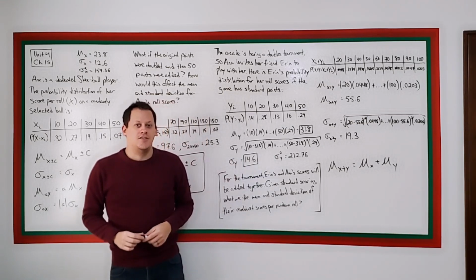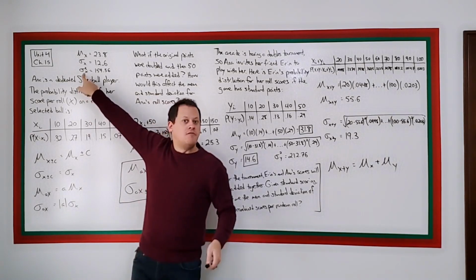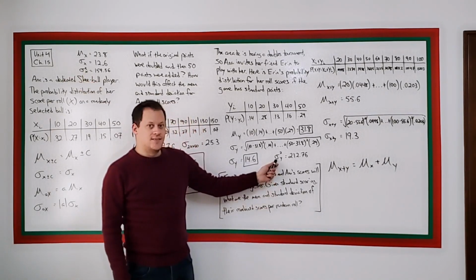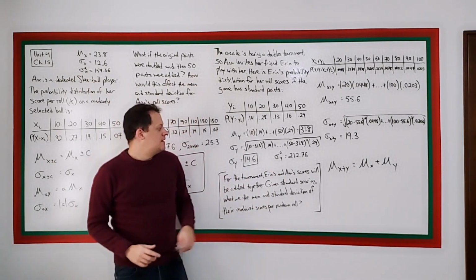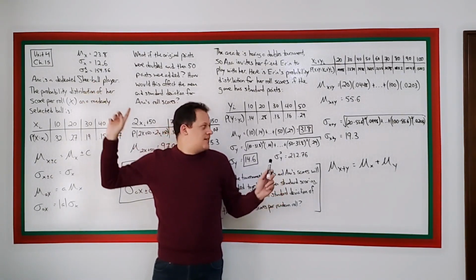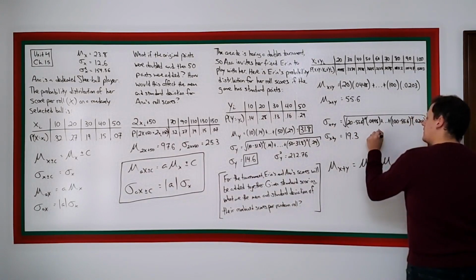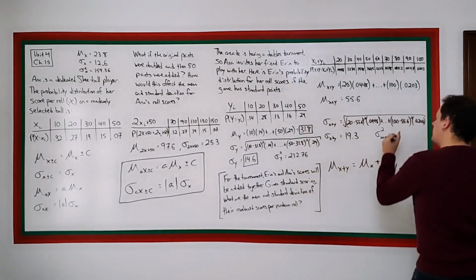But those of you who are eagle-eyed might notice I added what the variance of Anna's scores was and what the variance of Erin's scores was. If you add the variances together, the variance of x plus y is 372.32.